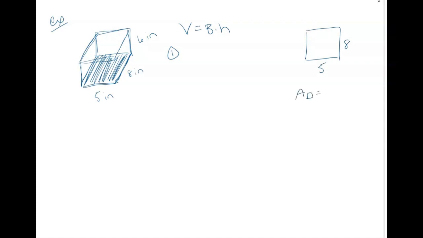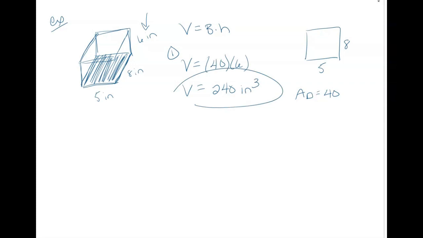And we could find the area of that by multiplying width times length, which would give me 40. So we could go ahead then and start: volume equals the area of the base, which is 40, times the height, which is 6. When you multiply that together, you're going to get 240 inches cubed.